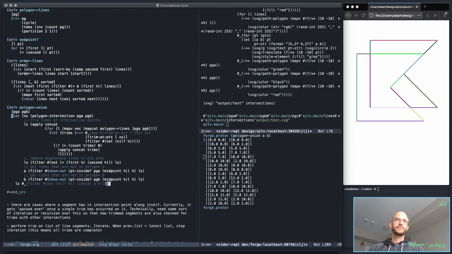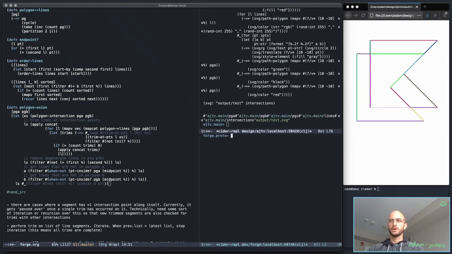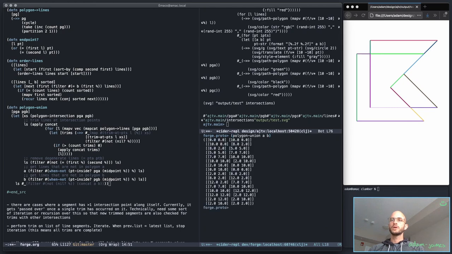Okay. What did I delete here? I think I need a square bracket there. Okay. Alright, so back to this situation. It is removing this line where it is exactly shared by both, but it is on the edge of both.